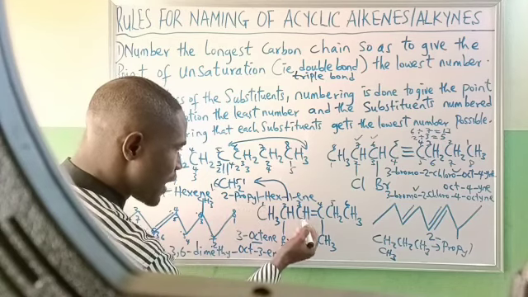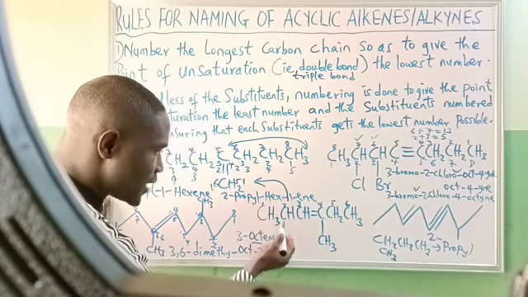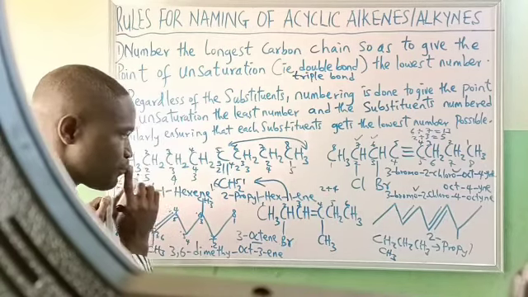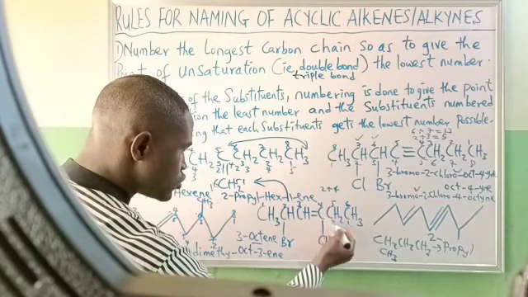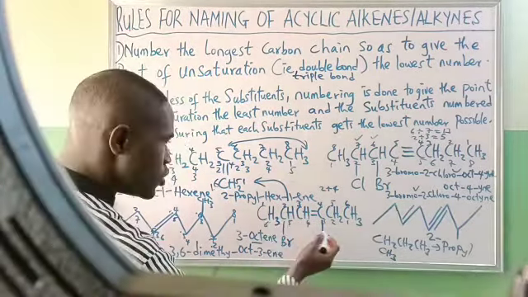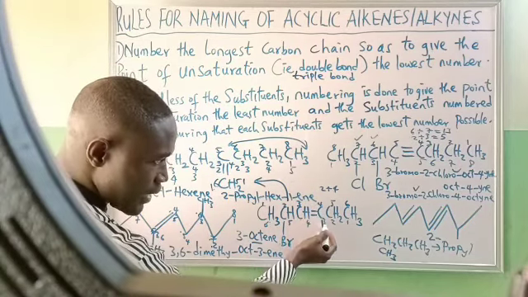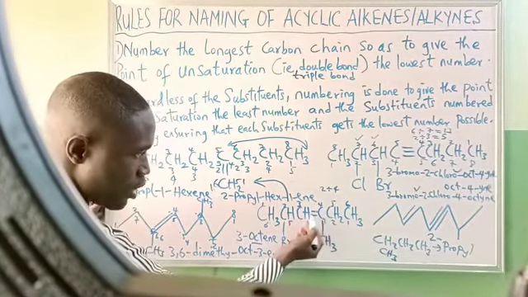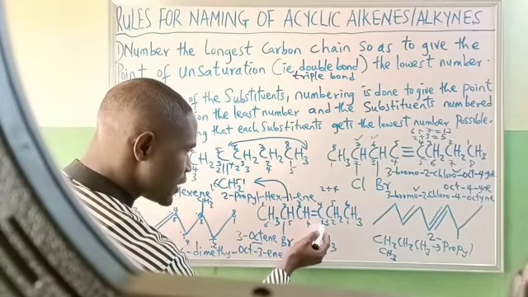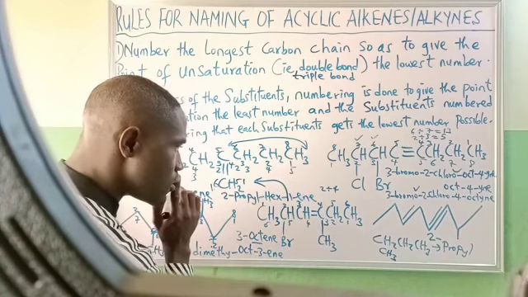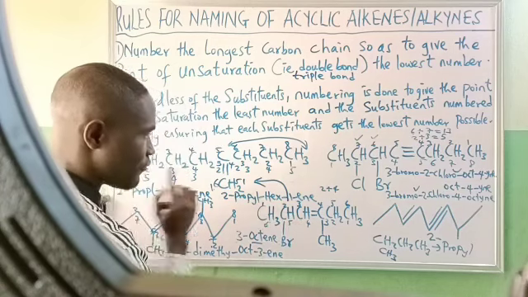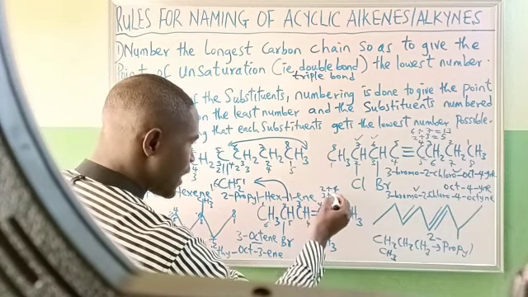When you number it this way, carbon 3 is bearing the double bond, but the branches are at 2 and 4. But when you number this way, 1, 2, 3, 4, 5, 6, carbon 3 will bear the double bond, but the branches will be located at carbon 3 and carbon 5.